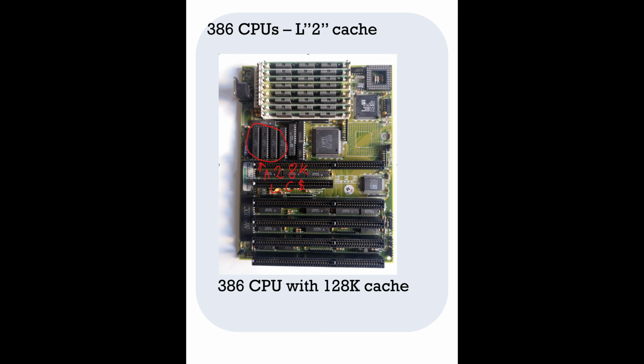But the 4 chips could store 128 kilobytes of cache. Today, or till the start of the 2000s, this memory would be named level 2 cache, but these processors have no level 1 cache, so this would basically be level 1 cache.